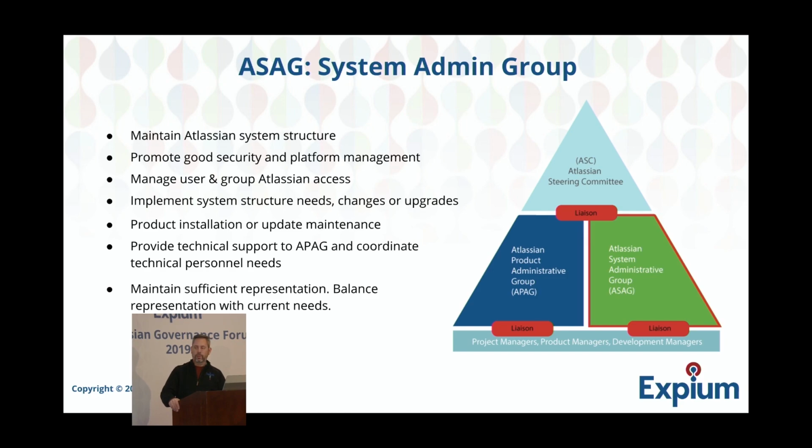The really important thing with the ASAG is that somebody is working with this group, and even internally, you may want to have a representative member who is a high expert in Atlassian, but also has some technical skills or system skills to actually act in that group as the ringleader.